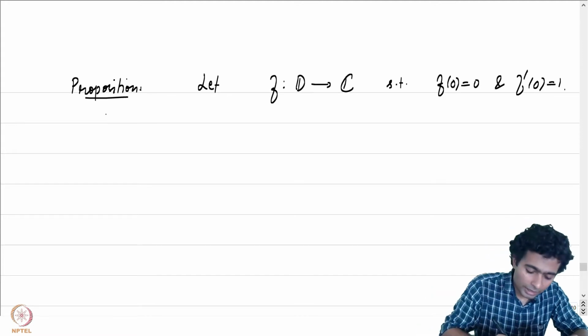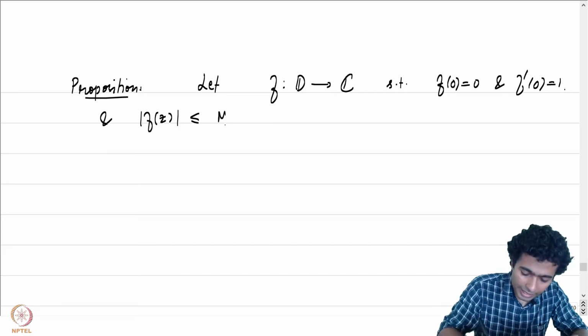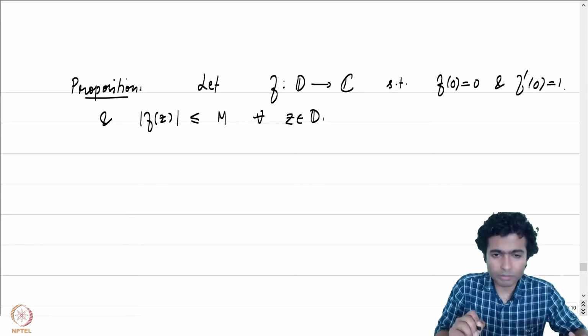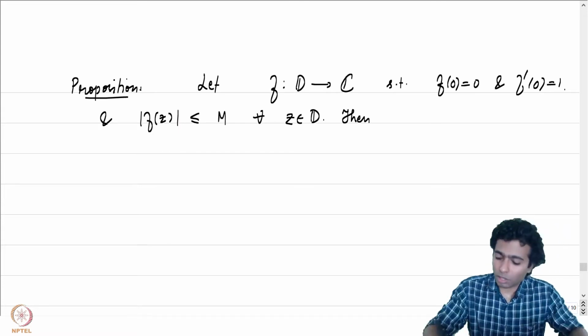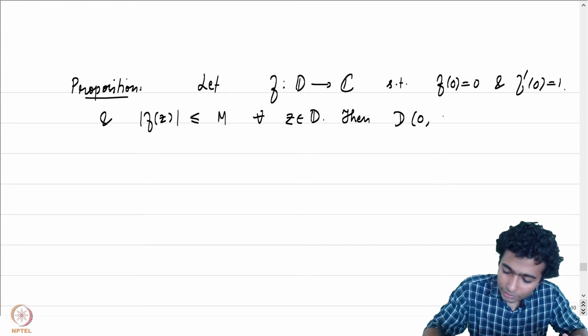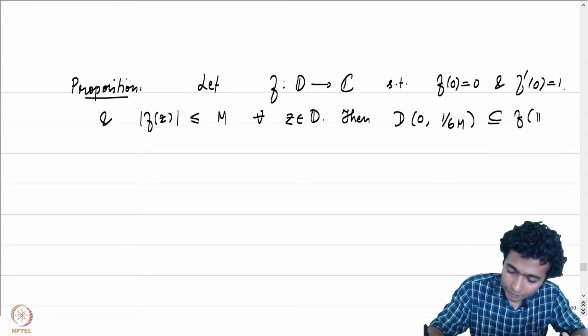Suppose we know that the absolute value of f of z is always bounded by some number, let's say M, for all z in the unit disk. Suppose we know that f is a bounded function. Then the disk of radius 1 by 6M is contained in f of D.